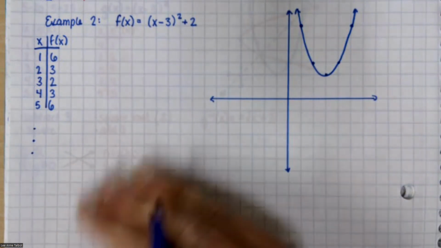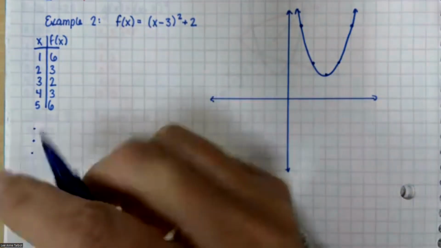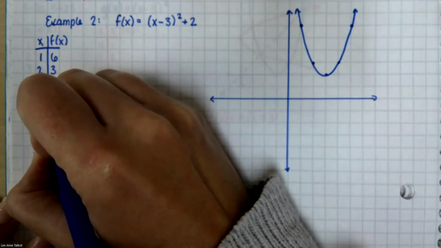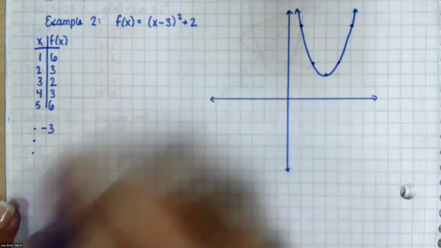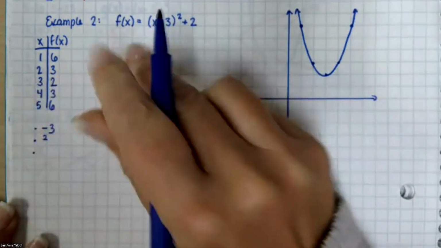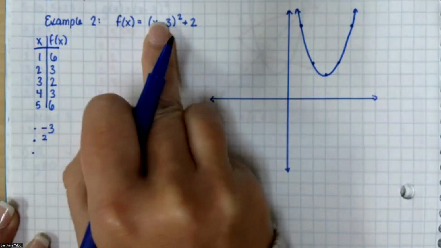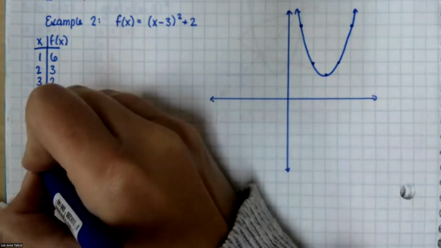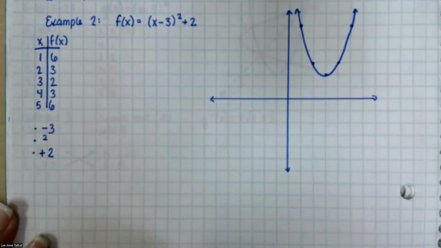Okay, 3 steps. The first thing I did when I plugged something in was I subtracted 3 in parentheses. Then I squared exponents. There was no multiply and divide. So the last step was add.